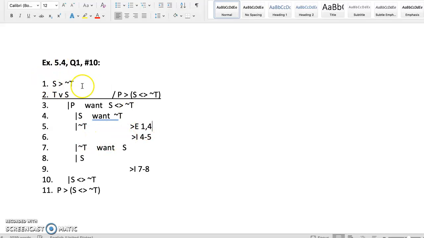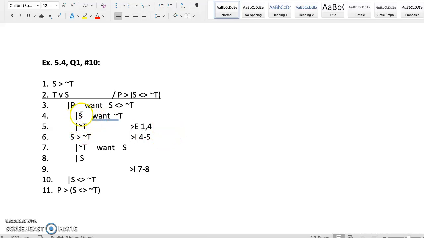Right? So line 1 is a conditional. Line 4 is the antecedent of that conditional. So as output, we get the consequent. So we started with S, want not T. We got not T right away. So we can now put that back here and write S conditional not T. And we get that by conditional introduction, 4 and 5.